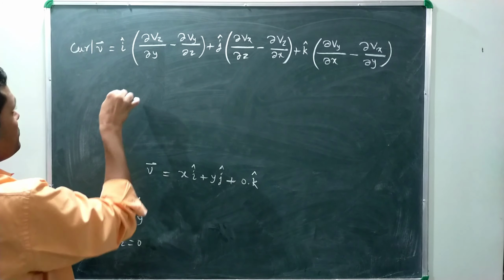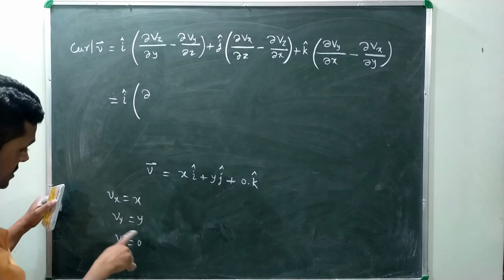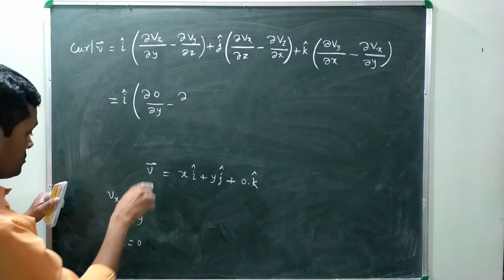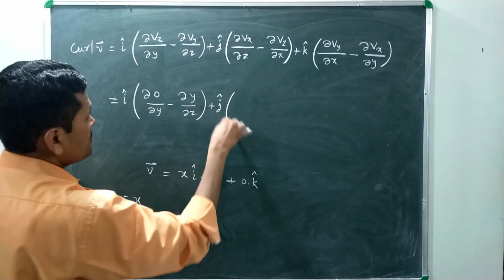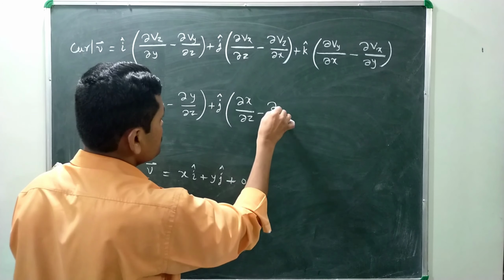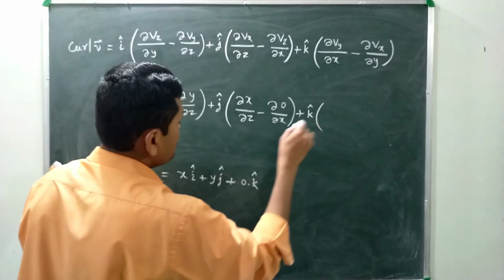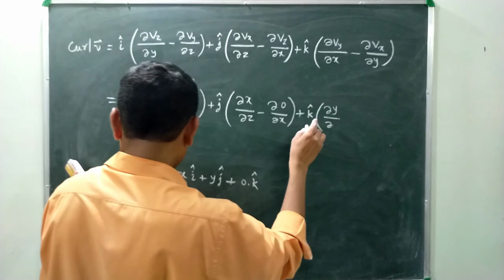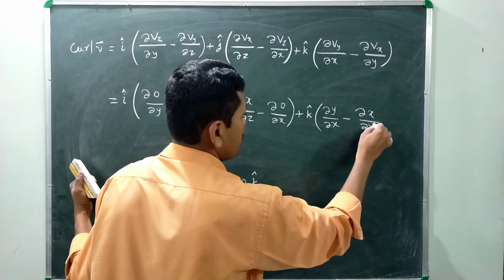So here, i cap, what is Vz? Vz is 0. So dou 0 by dou y minus dou Vy, Vy is y, so dou y by dou z, plus j cap dou Vx, Vx is x, so dou x by dou z minus dou Vz, which is 0, by dou x, plus k cap dou Vy, Vy is y, so dou y by dou x minus dou Vx, which is x, by dou y.